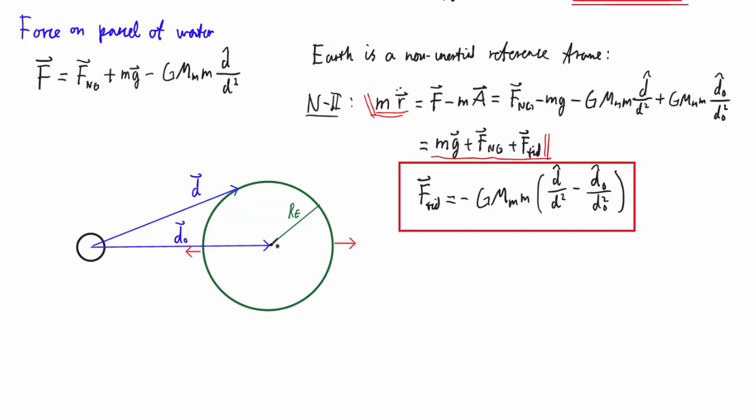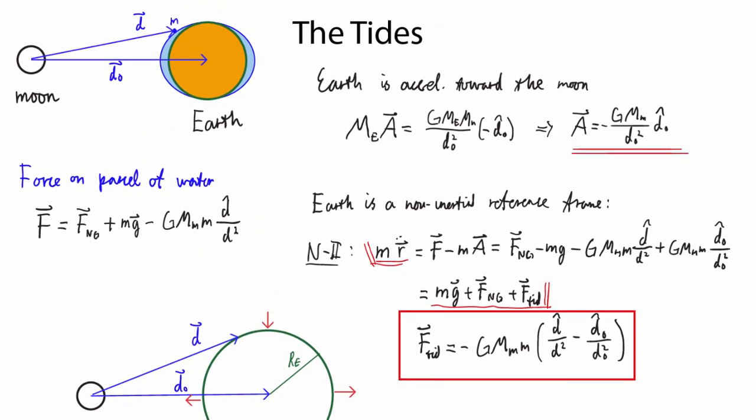So if I take d naught here, subtract d if it's pointing to this point, I will get a direction like so. In other words, the tidal force over here is pointing inward. And similarly over here. Okay, so those are the directions of the tidal forces. And that kind of explains why the tide looks like this.